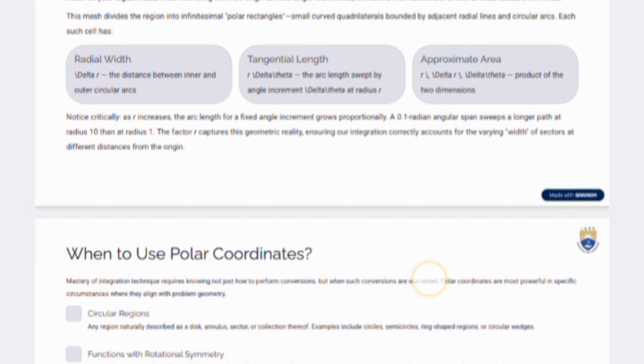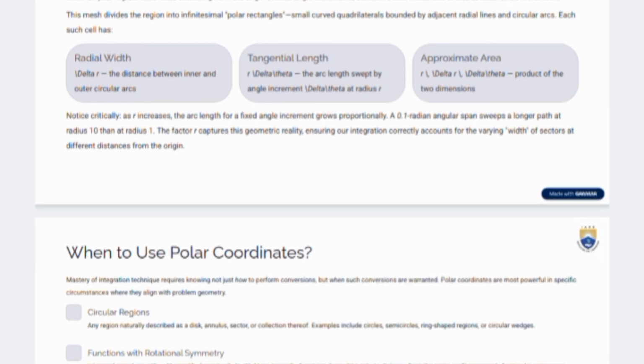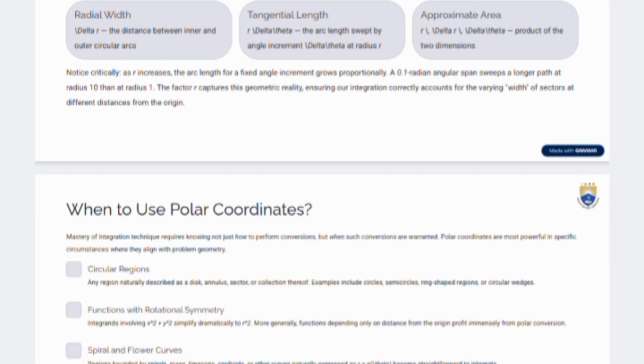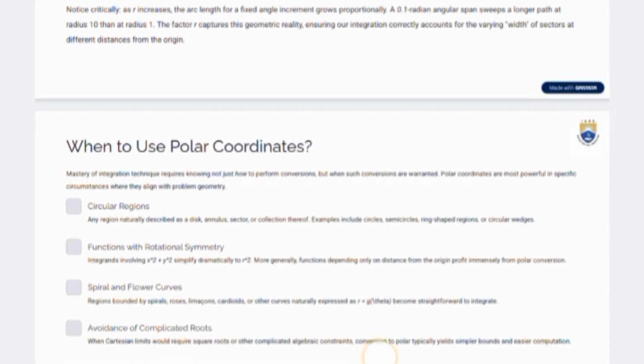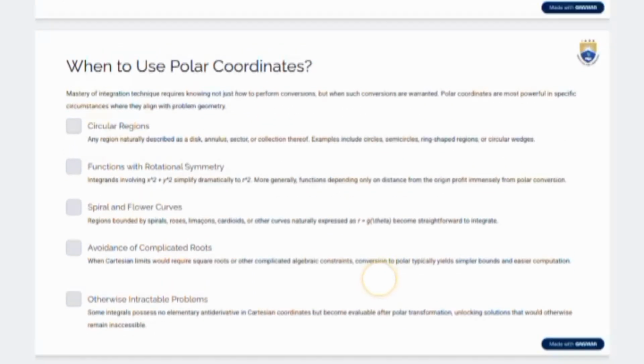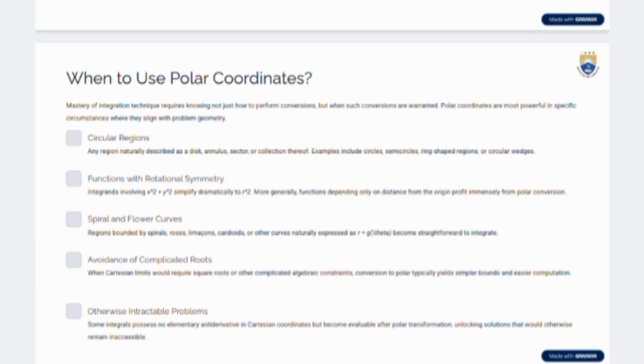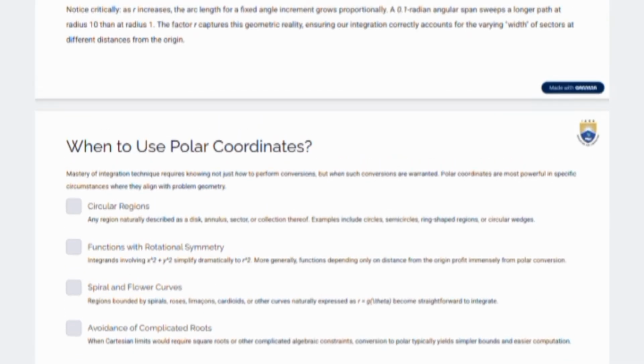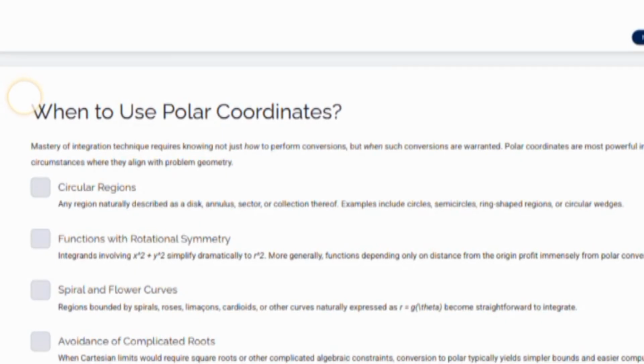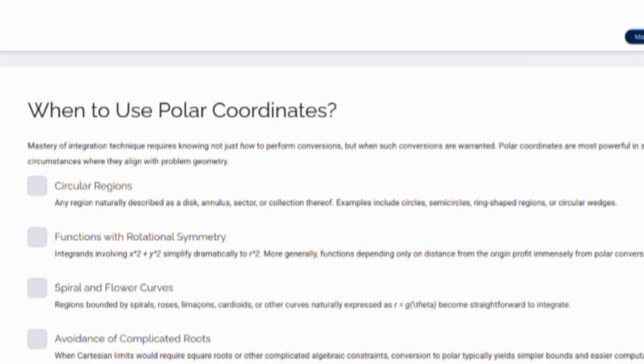When to use polar coordinates. In circular regions with rotational symmetry, and spiral and flower curves, it avoids complicated roots, otherwise it is an intractable problem. Circular regions: any region naturally describing a disk, annulus, sector or similar shape is fundamental with rotational symmetry. An integrand involving x squared plus y squared simplifies immediately to r squared.